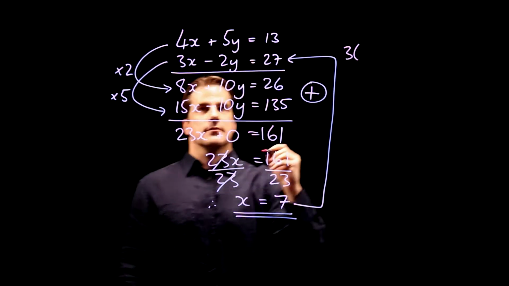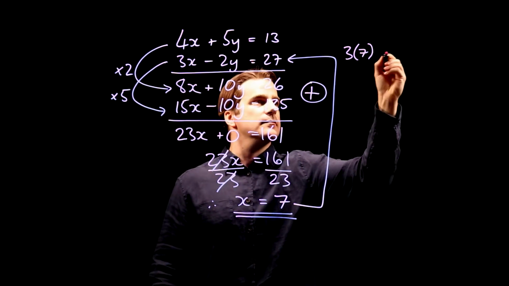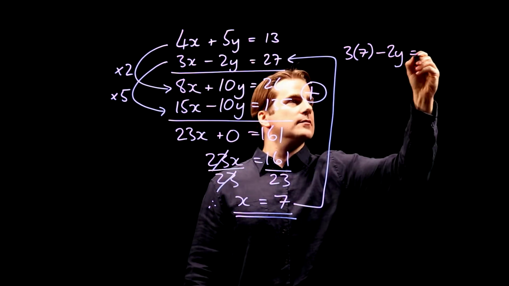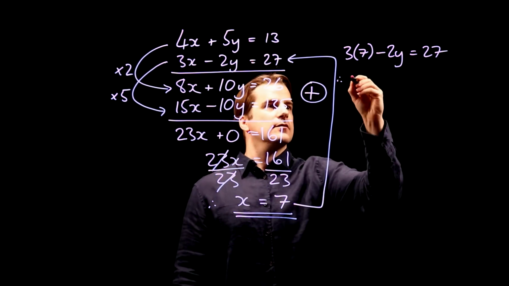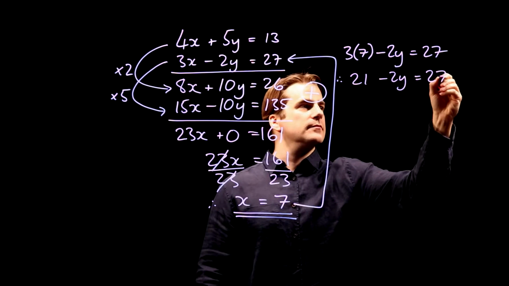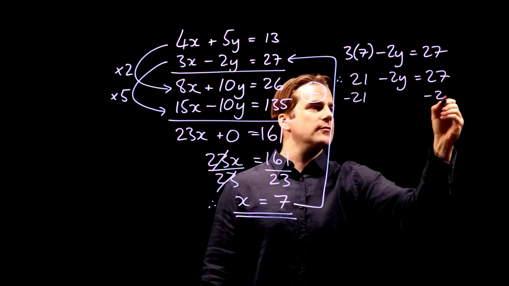3x, x is 7. Use brackets when subbing in. Minus 2y is 27. Okay, therefore 21 minus 2y is 27. Take the 21 over there by subtracting 21 from both sides.